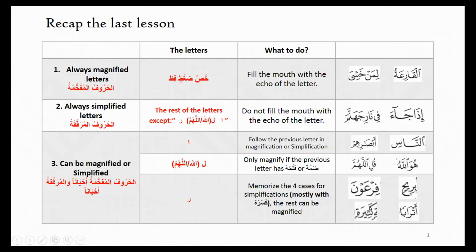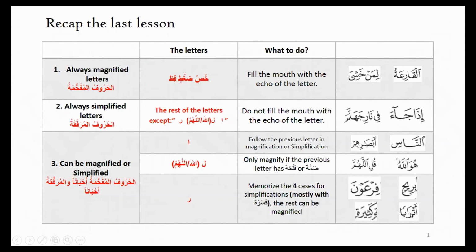And I had a question about the difference between the ra mufakhama and the ra muraqqaqa, and I think this one will be pretty obvious, which is atraba. So if I'm saying ra mufakhama, it will be atraba. If I'm not saying mufakham, if I'm keeping it simplified, it will be atraba, which is not correct because ra has fatha.